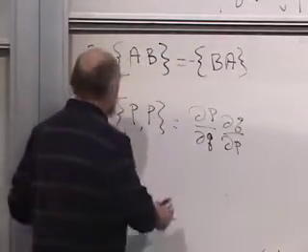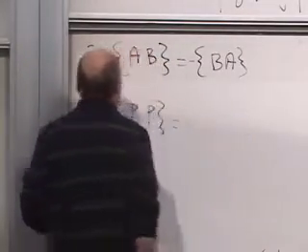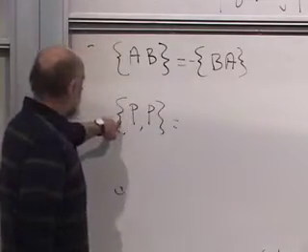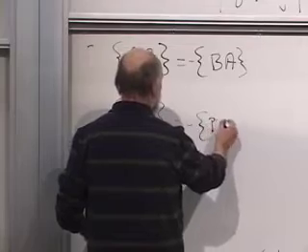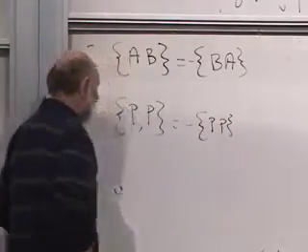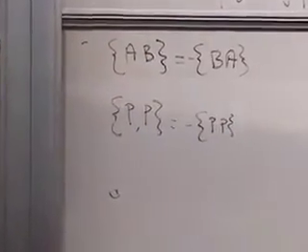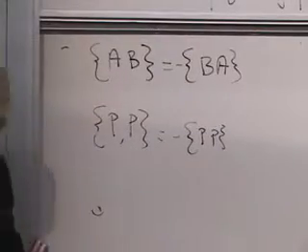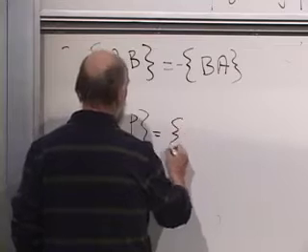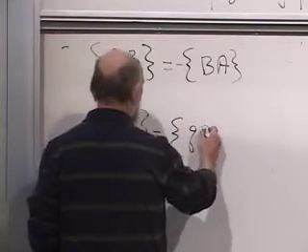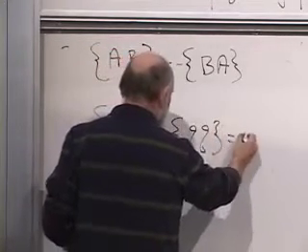Good. I don't even need to do it. The Poisson bracket of P with P is equal to minus the Poisson bracket of P with P from the above rule here. But anything which is equal to its own negative is 0. So the Poisson bracket of P with P is equal to the Poisson bracket of Q with Q and is equal to 0.